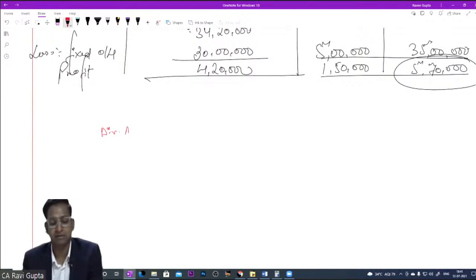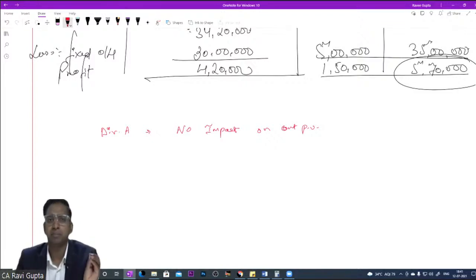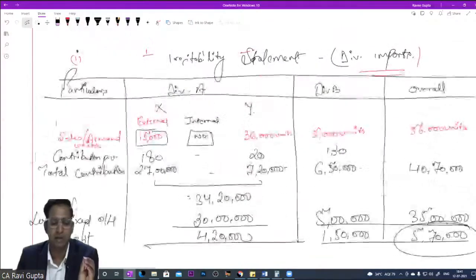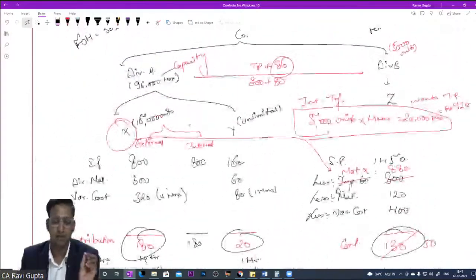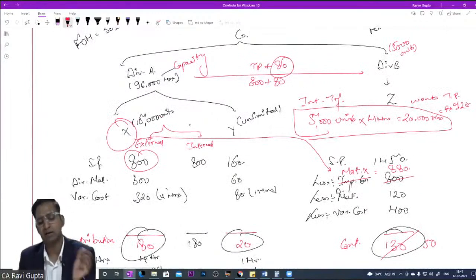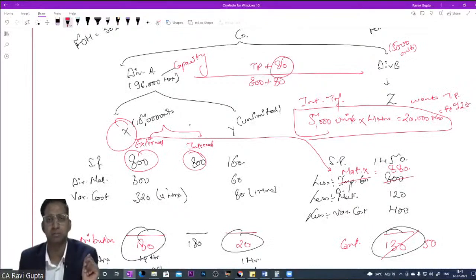First of all, division A, there will be no impact on contribution per unit. Why? Because the market price is 800 rupees. They are selling product X in the external market at 800 rupees and they are transferring at 800 rupees to the internal division B at the same price. So there is no change of contribution per unit for division A for product X.